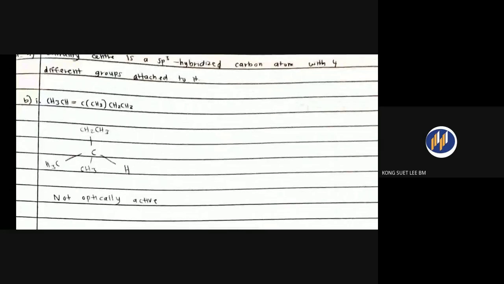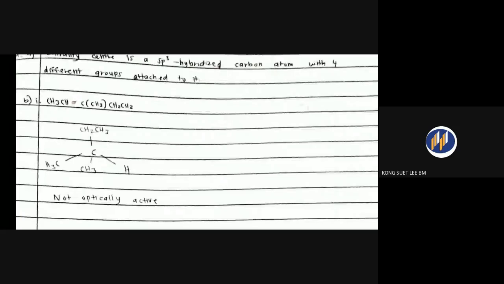Number 9, B1. The compound is not optically active because there is a same group attached to the carbon. Yang mana ialah same group dia? CH3. Betul Iza, tapi Madam nak beri advice sikit tentang cara you lukis struktur. Dia nampak macam betul, sebenarnya dia salah.